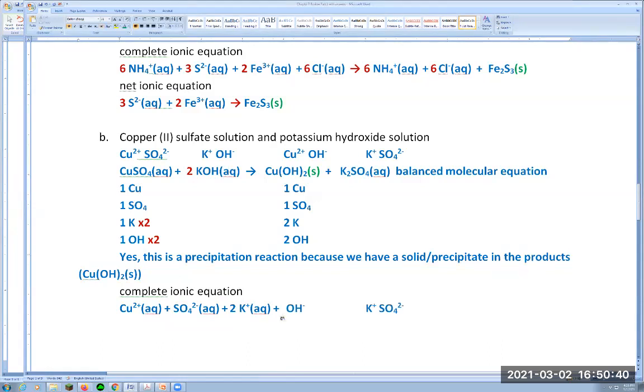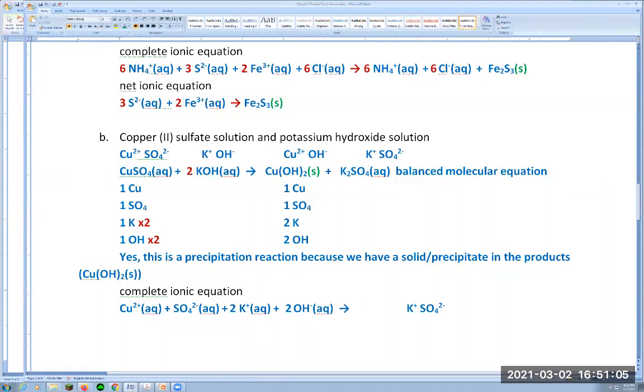And then how many OH? 2 OH minus. And again, that's aqueous. So that completes what we have on the left side. And that's balanced according to what we have above.